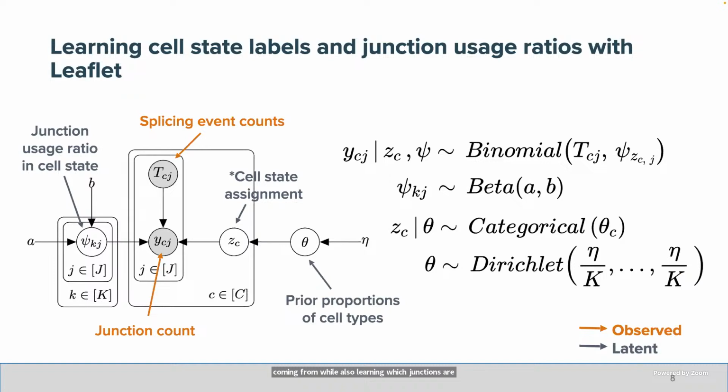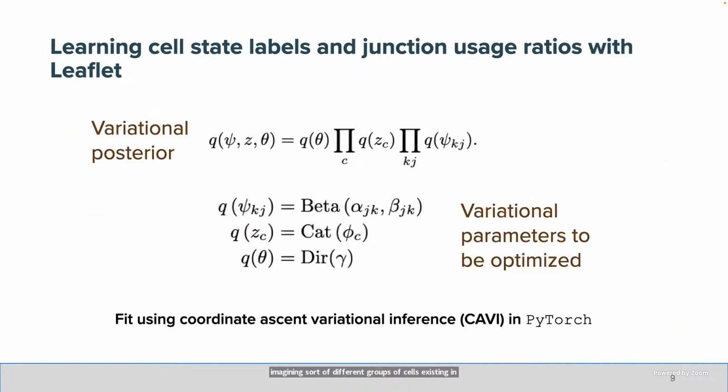And lastly, we have a latent variable representing the overall proportions of all the cell states or cell types in the data. I'm using cell state and cell type interchangeably, but ultimately we're imagining different groups of cells existing in space that have something in common.